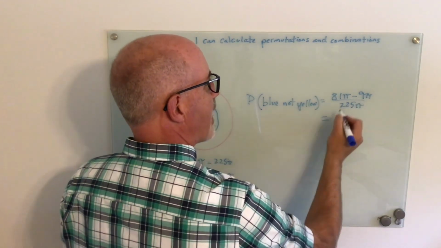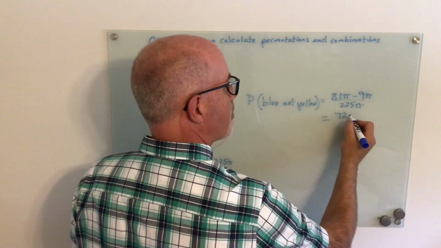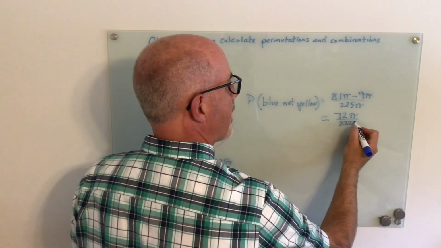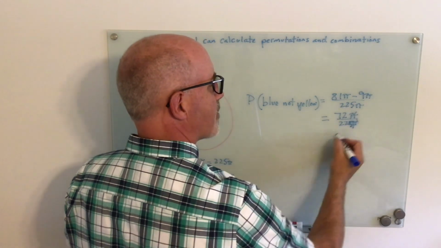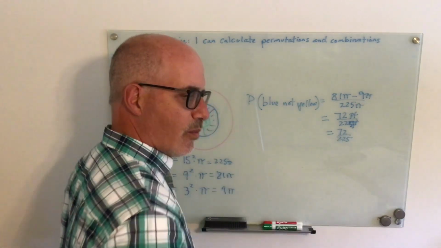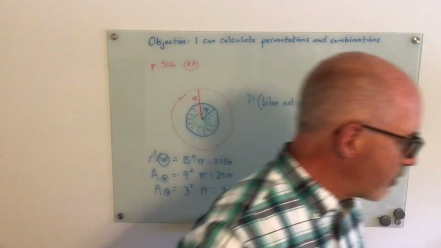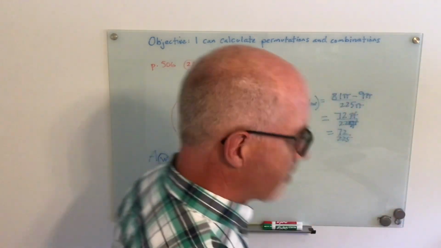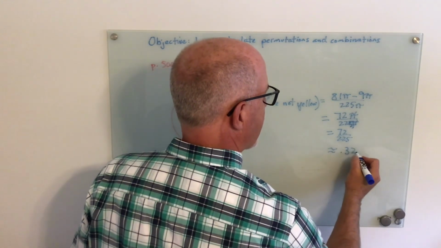So let's simplify that. 81 pi minus 9 pi is 72 pi, divided by 225 pi. The pi's cancel, so you're left with 72 over 225. And when we do that on a calculator, we get about 0.32, and it says round to the nearest whole percent. So this would be about 0.32 for our probability.